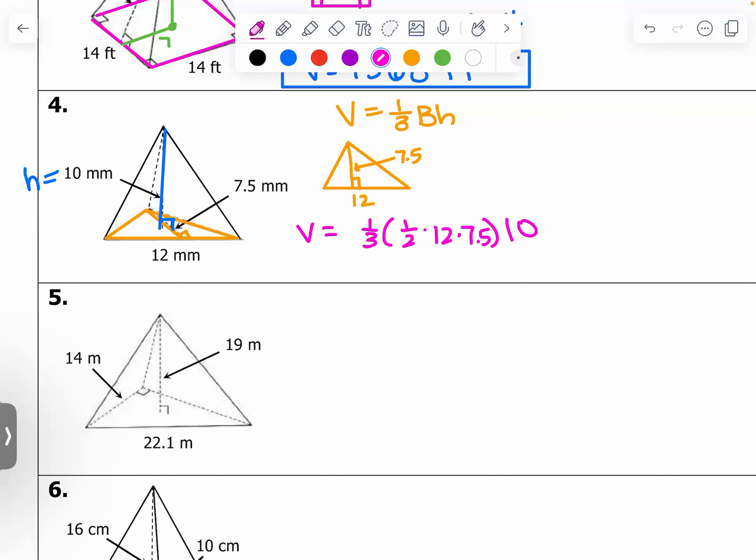So you know that. Oh. Times 10, divided by 3.